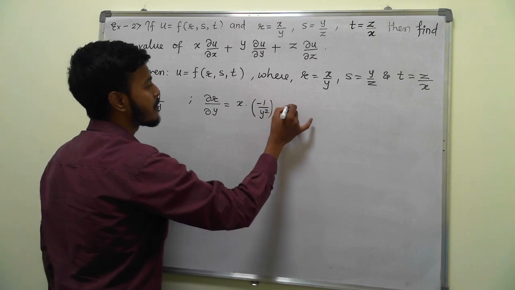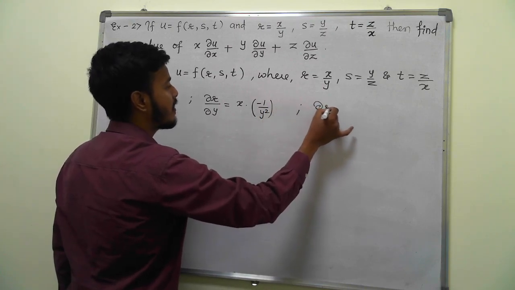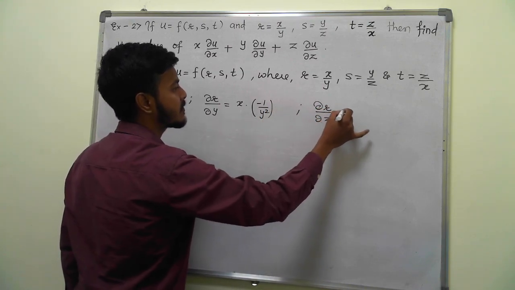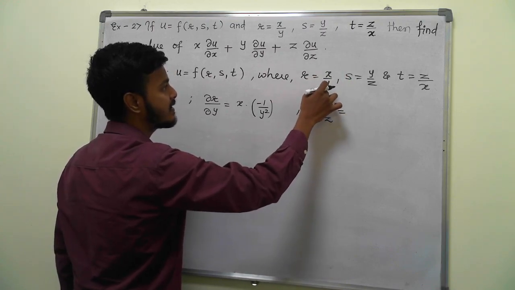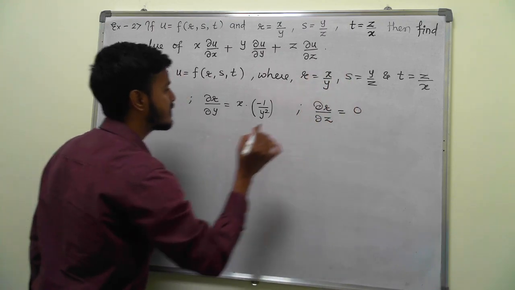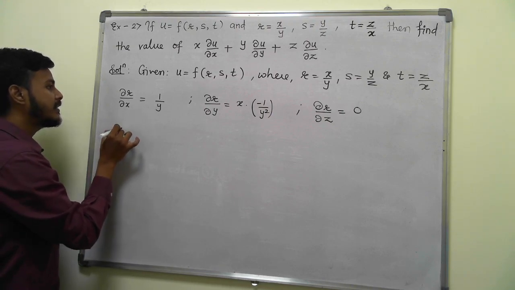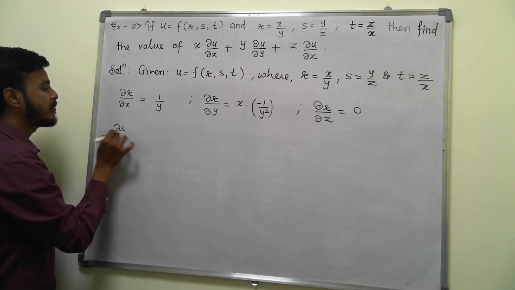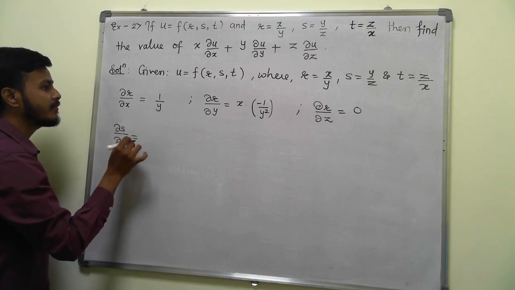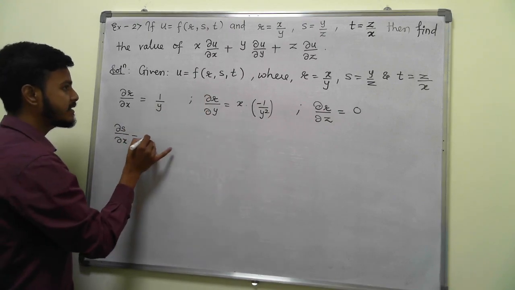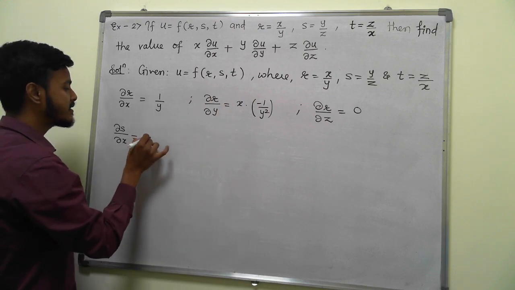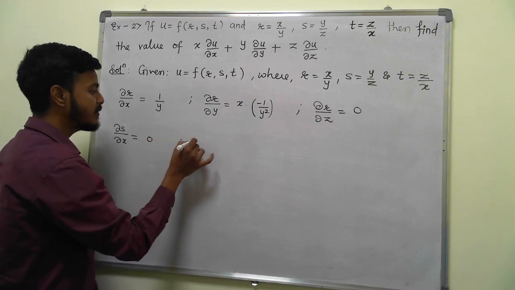And del r by del z. There is no term of z in this r, so its derivative is 0. Next find out del s by del x. There is no term of x in the s, so derivative 0.